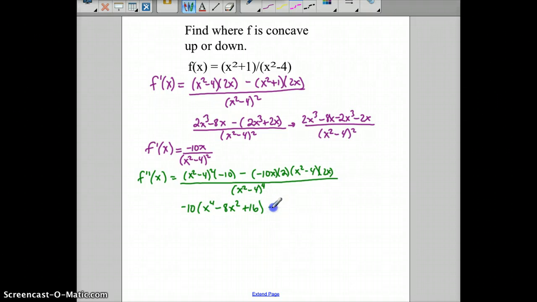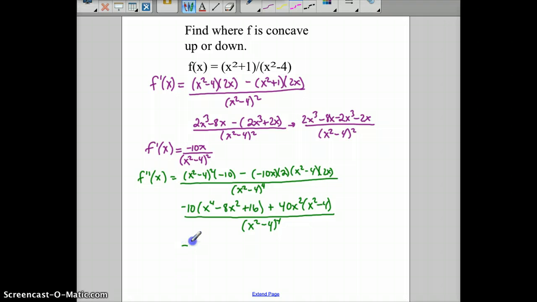And here I think I'll multiply the 2x and the negative 10x. So that's going to be plus 40x squared, and then times x squared minus 4, all over (x squared minus 4) to the fourth.